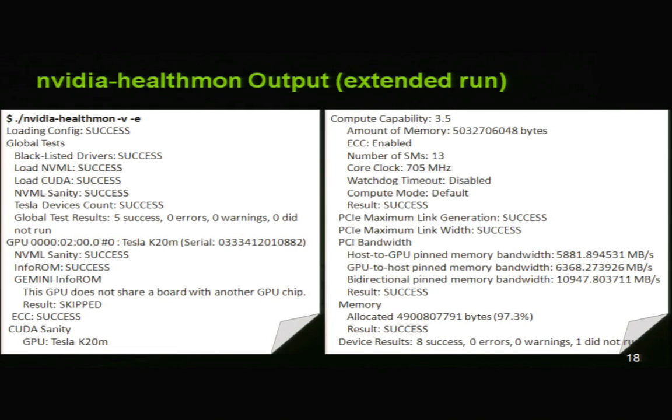Here you see an output of this nvidia-healthmon tool. It's an extended run with the -e option. So global tests check for blacklisted drivers, check for NVML and CUDA sanity, and give you the number of GPUs which are installed in the system, and then you run several tests on the specific GPUs, and you get an output about, for instance, memory bandwidth or the PCI Express bandwidth and the memory which is allocated.